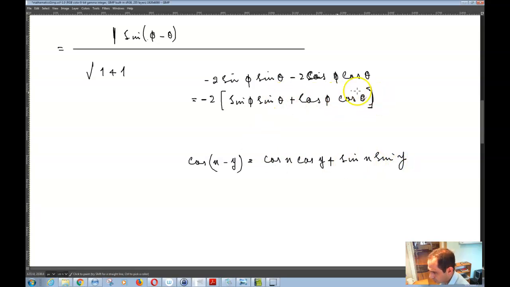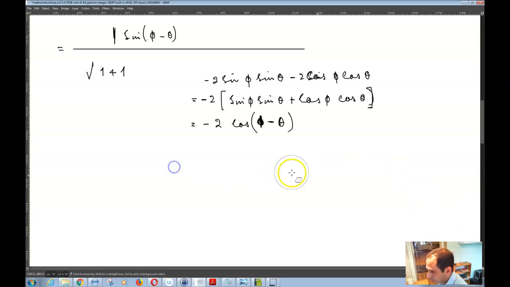These are the same things, meaning you have cos phi cos theta plus sin phi sin theta. So you can write this as negative 2 cos of phi minus theta. To check again, sin phi sin theta plus cos phi cos theta is equal to cos of phi minus theta, and there's a negative 2 over here.